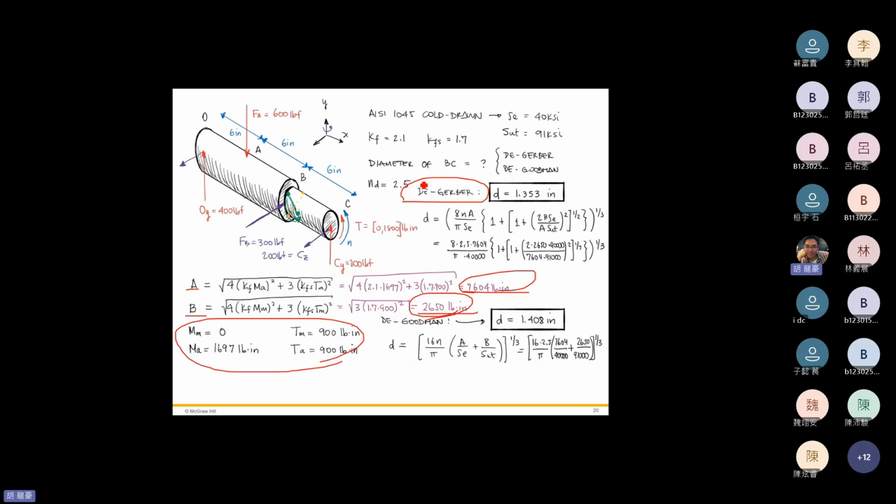By using the DE Gerber criteria, the DE equals 1.353. And if we use the DE Goodman criteria, the diameter of the BC shaft equals 1.408.